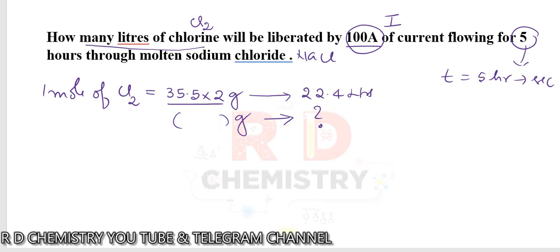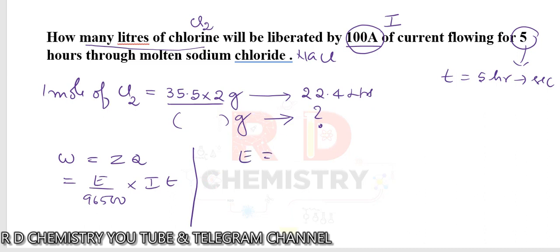So we can use this: W is equal to ZQ, which is E divided by 96,500, into Q, where Q is equal to I into T. We'll calculate the E value separately.